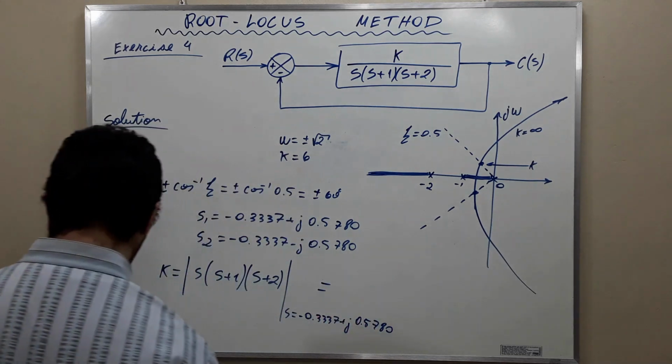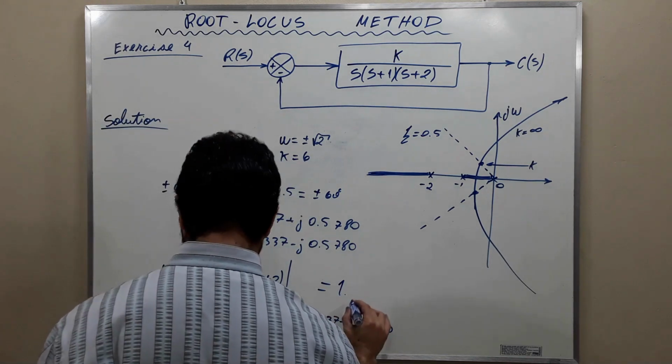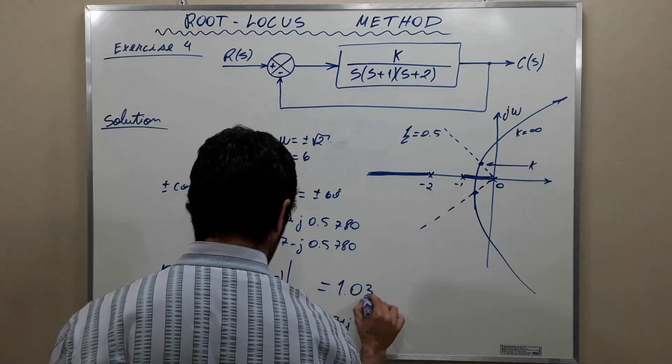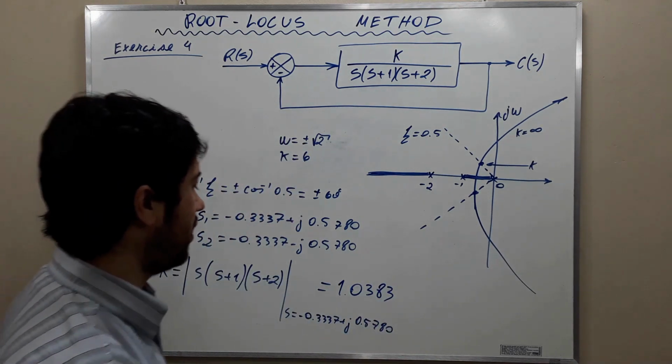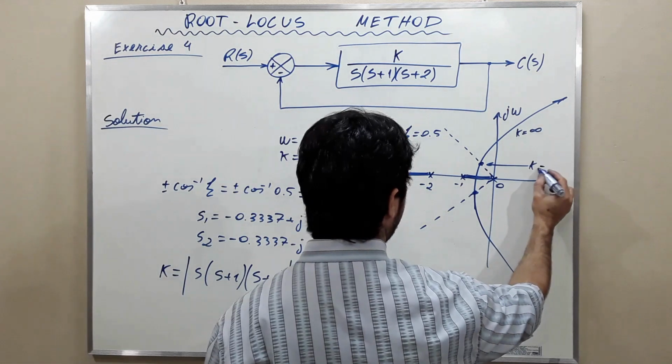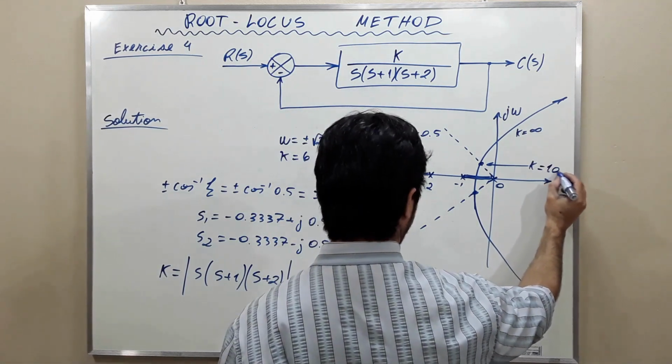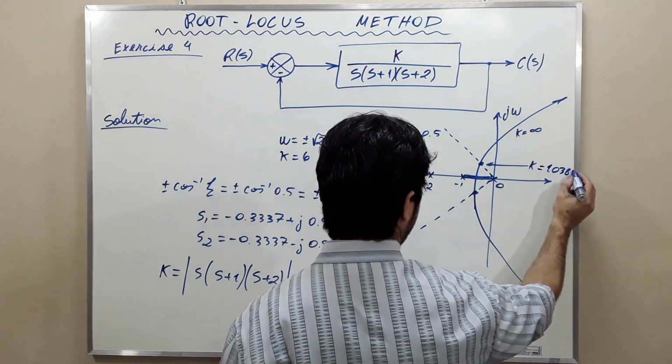And this gives a value of 1.0383. Okay, so the value of the gain here is 1.0383.